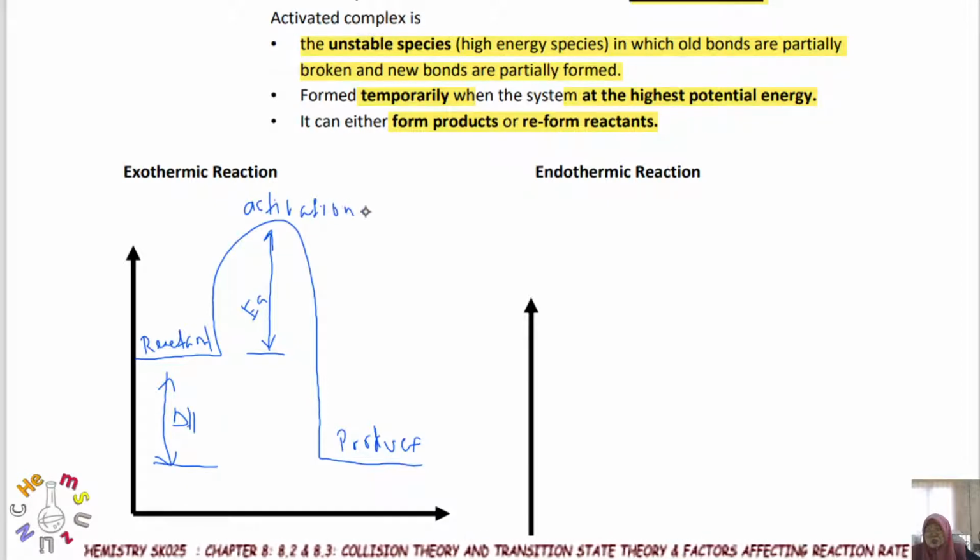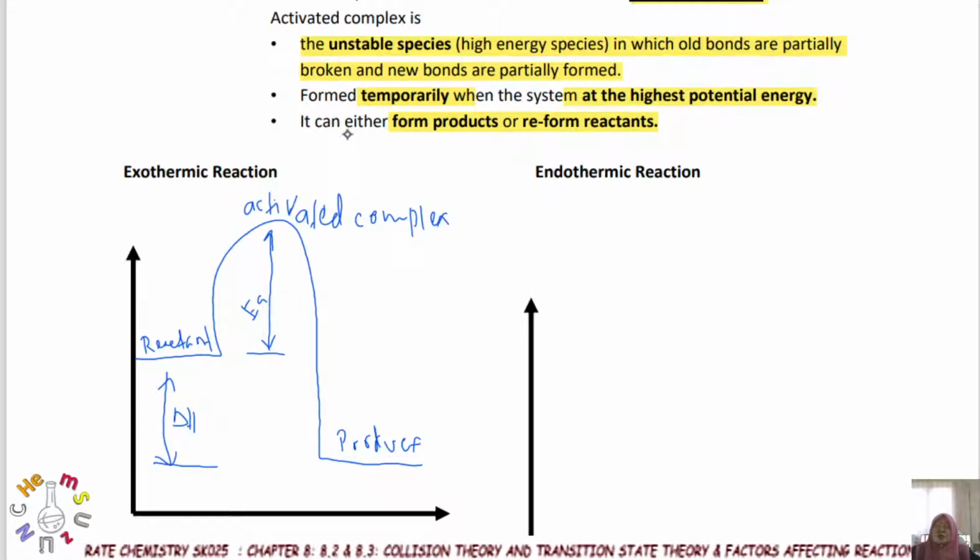And then at the top here is the activated complex. Okay. Jadi daripada graf ni, ini adalah reactant, ini adalah activated complex.